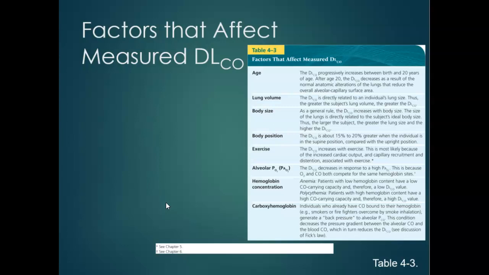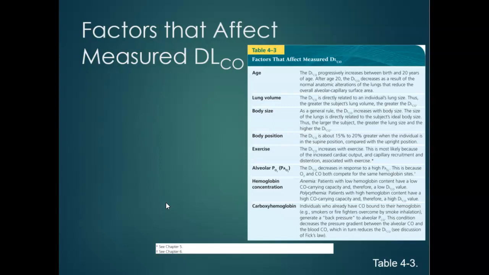Alveolar O2, that P big A O2: the higher the concentration there, the less likely it is that carbon monoxide is going to be able to bind with hemoglobin. This is why we can't have the patient on oxygen before we do the DLCO test, because then oxygen could possibly be bound to the hemoglobin.